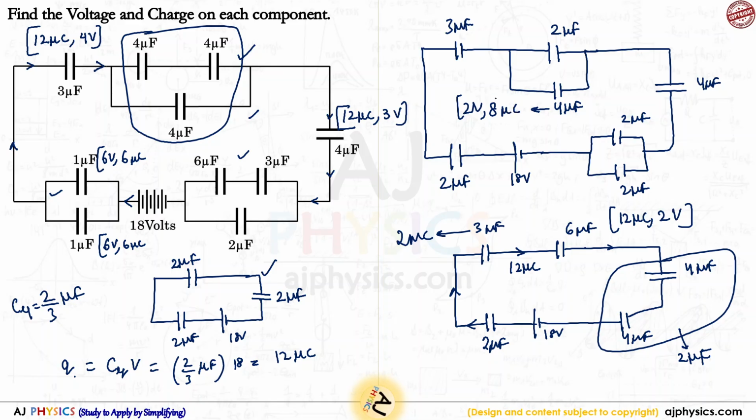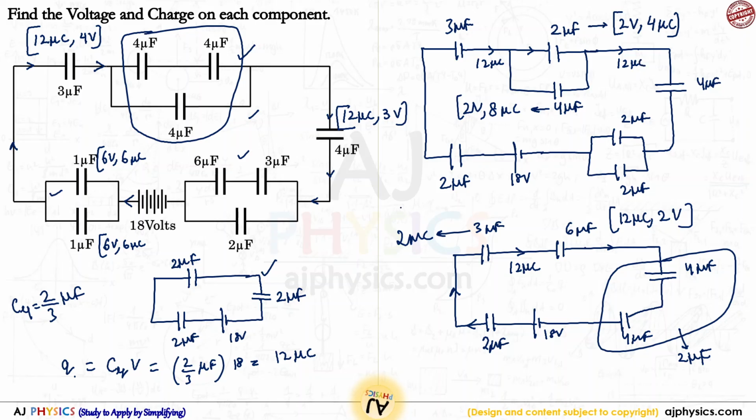Now it is pretty sure that the voltage on this will also be 2 volts, because 4 and 2 are in parallel. And the remaining charge, like if the charge was 12 microcoulomb passing from here, the remaining charge will pass in the 2 microfarad. So that would be 2, oh sorry, that would be 4 microcoulombs. Again, 4 and 8 they add, and the 12 microcoulomb charge comes out.